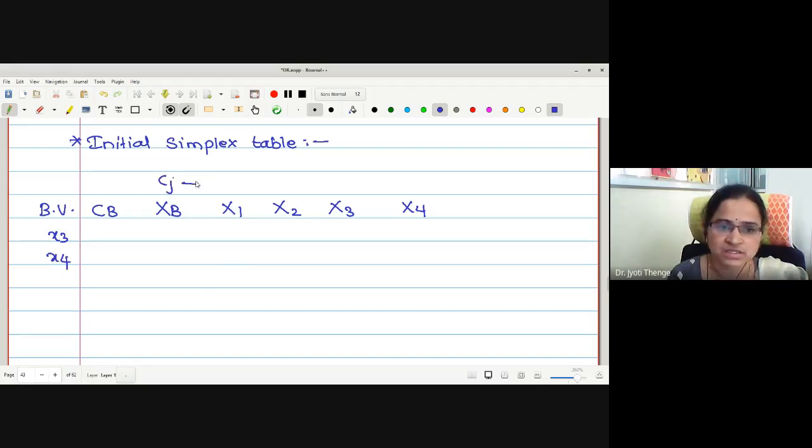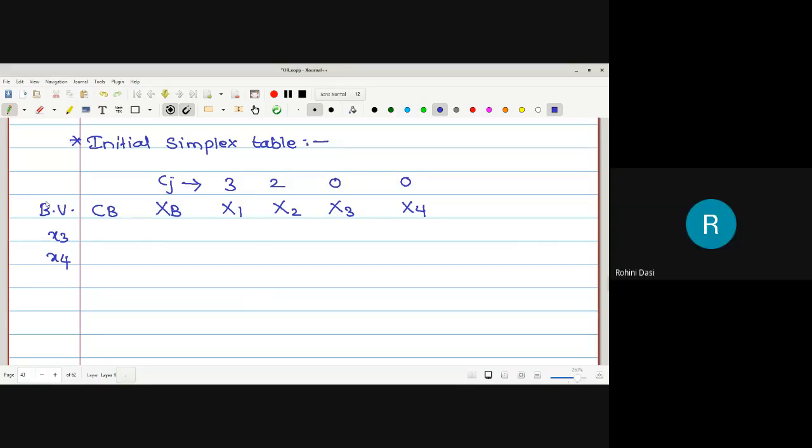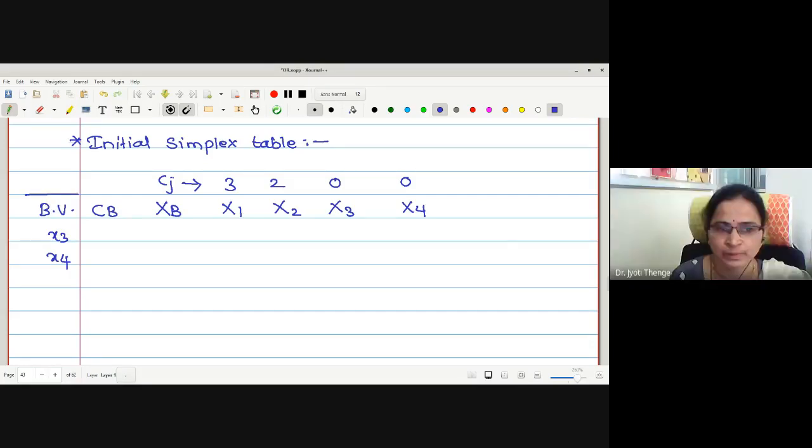And here we are writing CJ entries. What are the CJ entries? CJ means cost of the variables. What is the cost of x1 in the objective function? 3, 2, and the cost here is 0 and 0. Is everyone getting me? Yes, ma'am. You have to prepare a nice table like this.